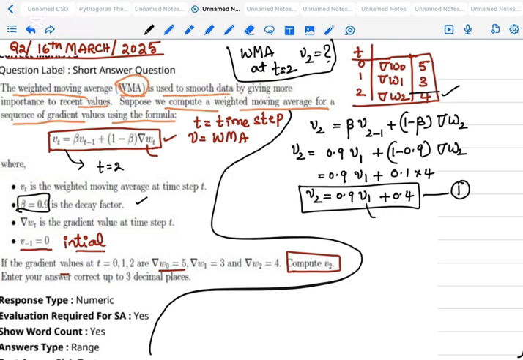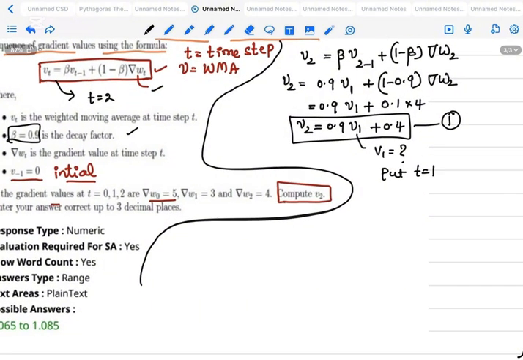We want to find V1. So put t equals 1 in this equation. That is V1 equals beta times V1 minus 1 plus 1 minus beta times delta W1.